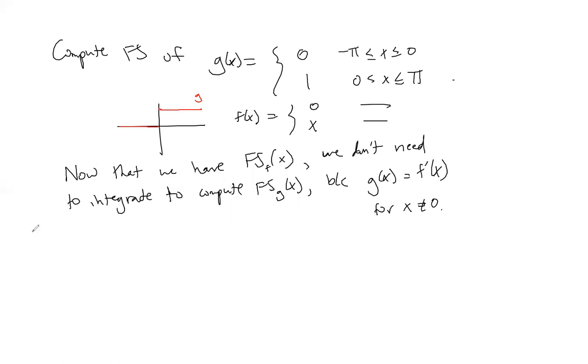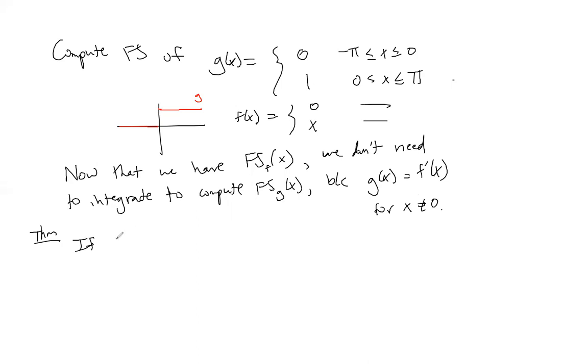And so we have this theorem that says basically if the function and its derivative satisfy some nice continuity properties, then the Fourier series of g is just a term-by-term differentiation of the Fourier series of f. So I'll write that out.